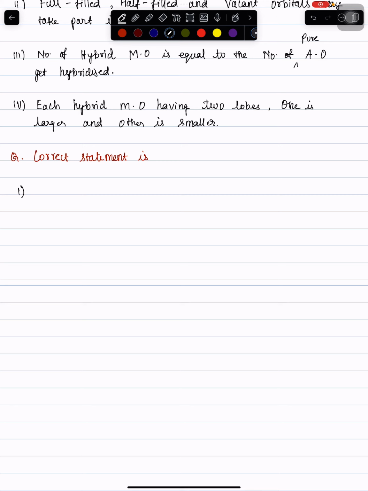First option: hybridized orbitals are always equivalent in energy, shape and size.